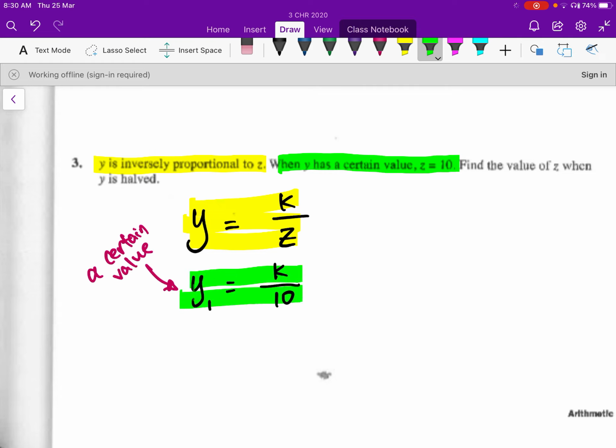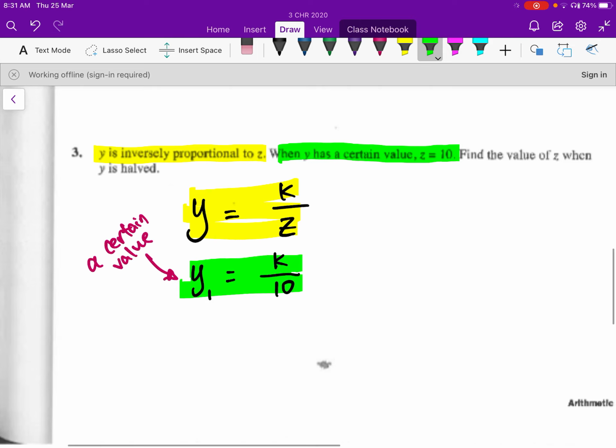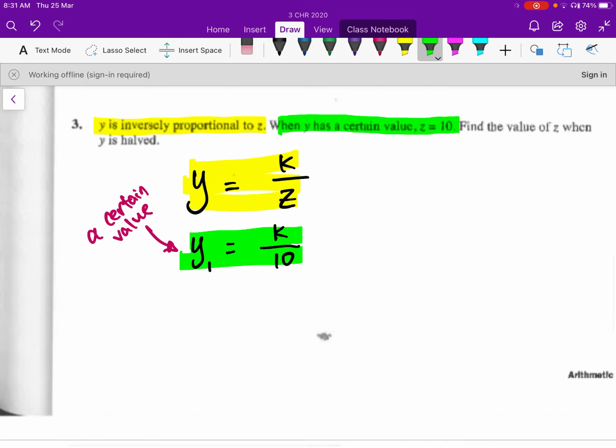That is this line. Find the value of Z when Y is half. We're going to make this Y1, we're going to divide it by 2. What is going to happen to our value of Z? Rather, find the value of Z.